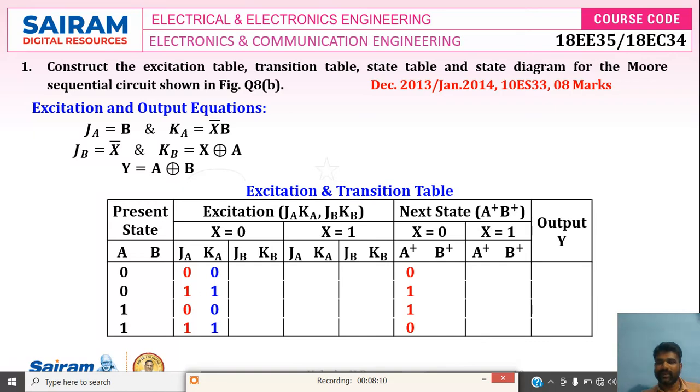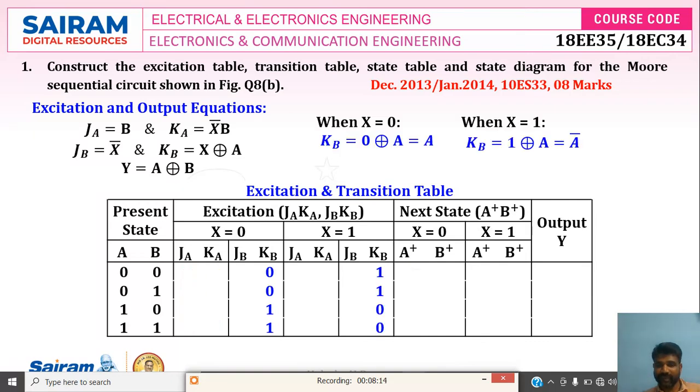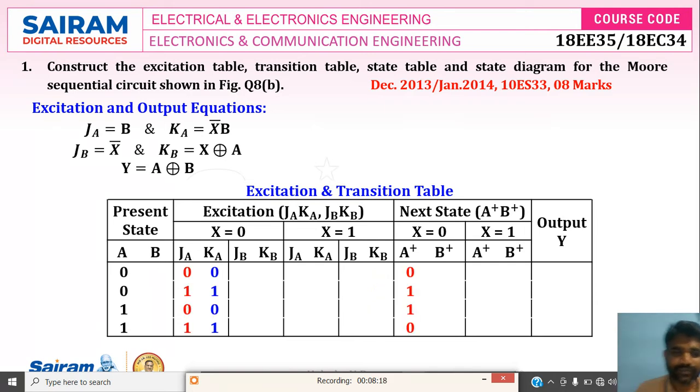From the excitation table, we write the next state section. Let's write A plus. For that, we need to consider the values of JA, KA, and the present state A. First combination 0 0 means same as present state.